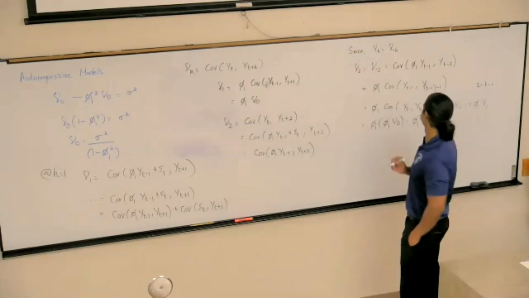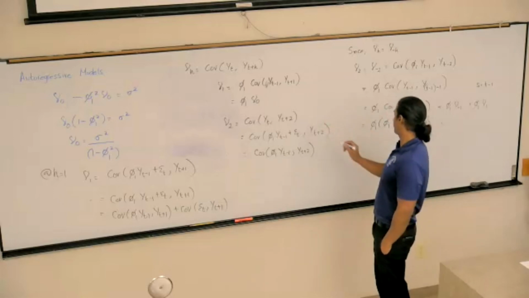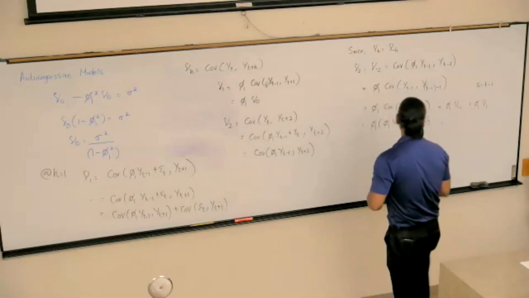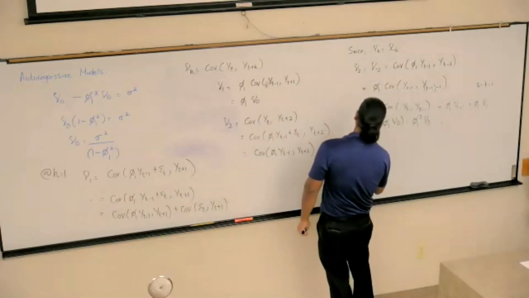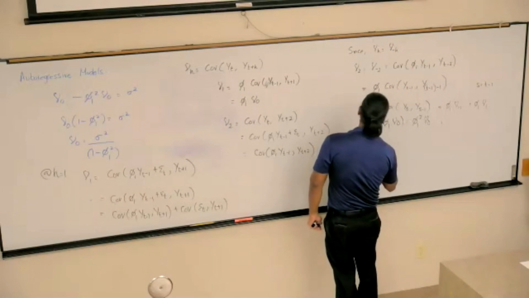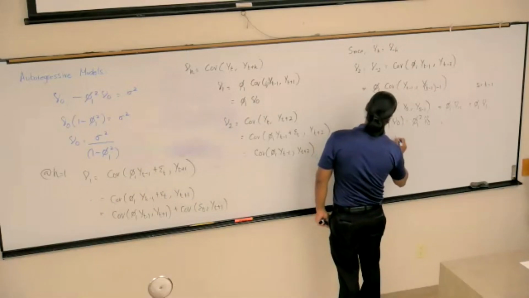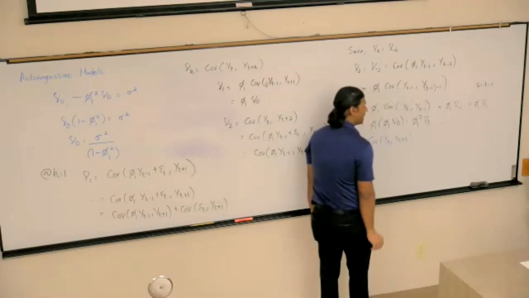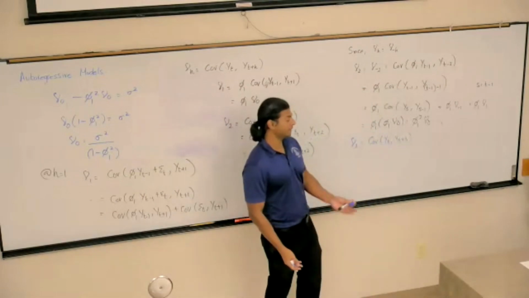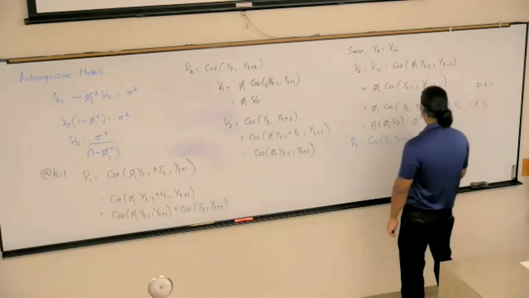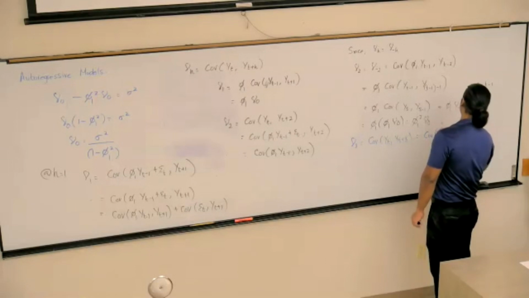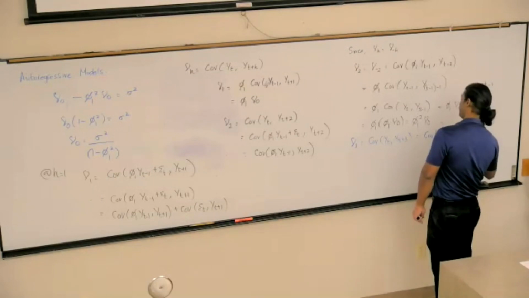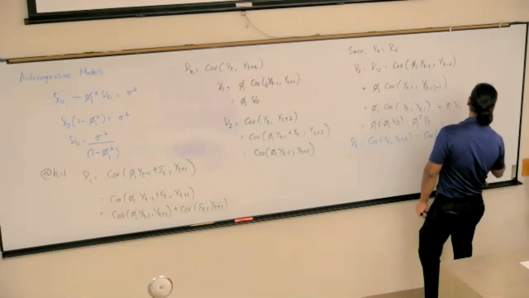So, same approach, gamma 3 would be equal to covariance of yt, yt plus 3. But we know gamma 3 is equal to gamma -3, so we'll make that change in a bit. But covariance of yt minus 1, phi 1 yt minus 1 plus epsilon t, comma yt plus 3.